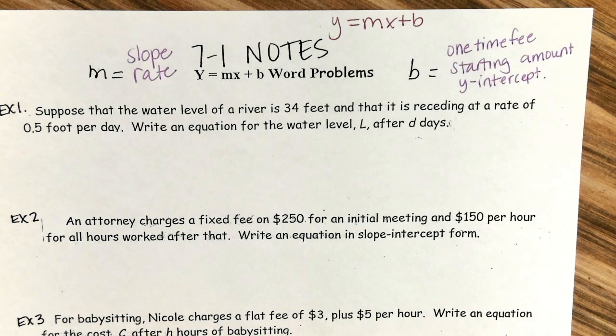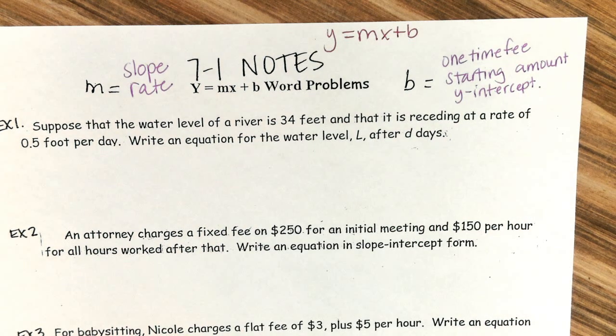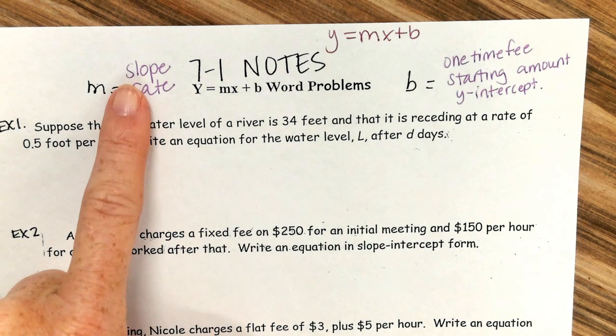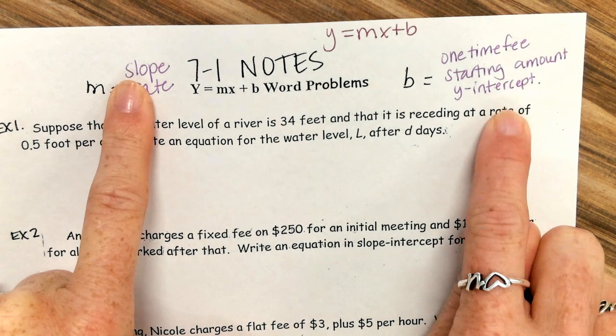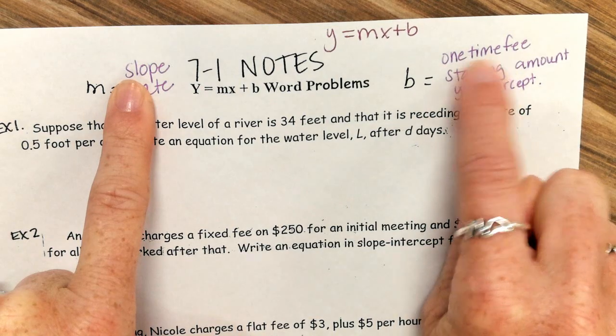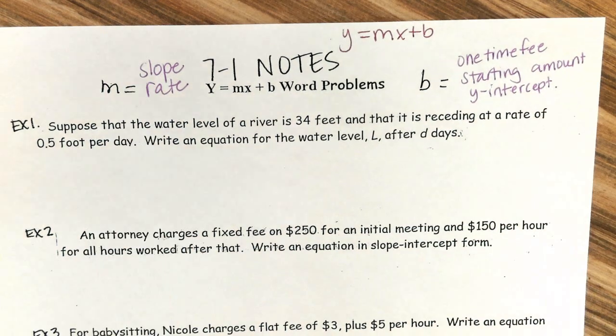Now, we're not going to be graphing today, so it doesn't matter if you call it a y-intercept today. But on your assignment, I am going to ask for the slope and the y-intercept. The y-intercept is the one-time fee, or I want y'all to get used to calling them the different words they can mean. So we're going to go write equations.